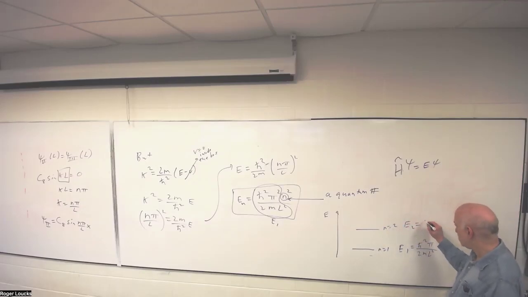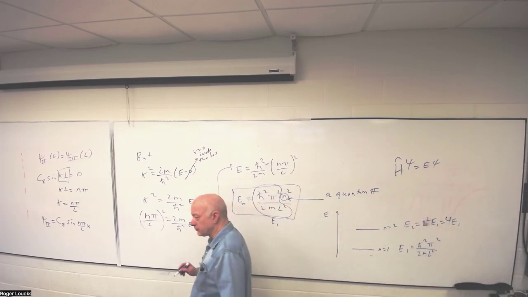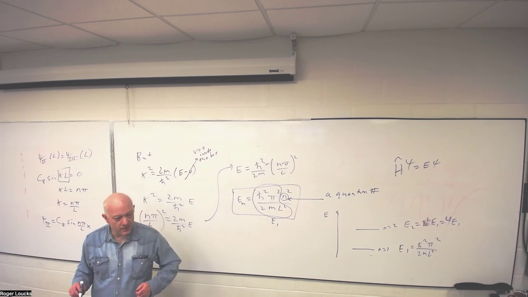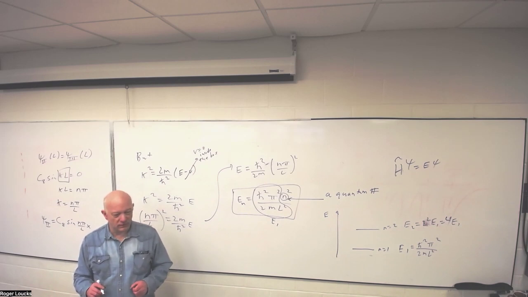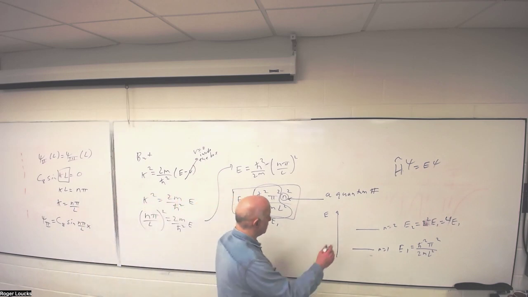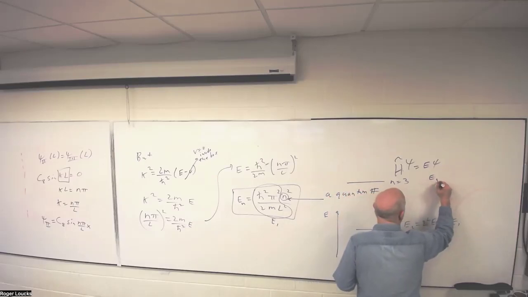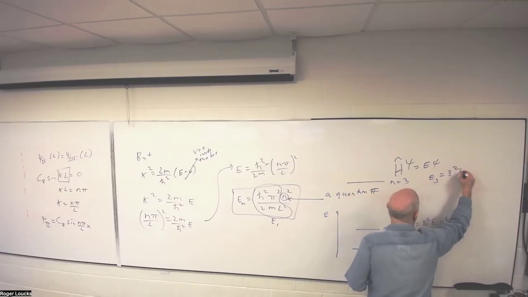I write it as 2 squared times E1, which is 4E1. What happens if n equals 3? What's happening to the spacing between these levels? It's actually increasing. So this one up here would be n equals 3. This is going to be E3, and this would be 3 squared E1. This would be 9E1.